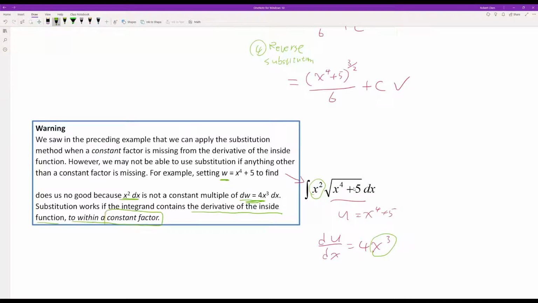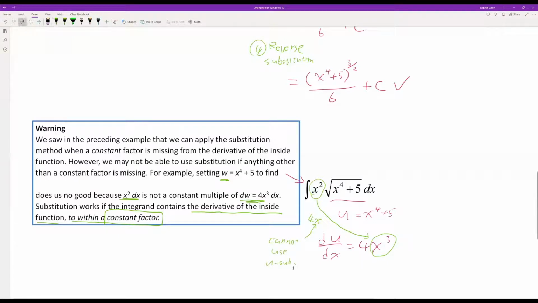Otherwise said, the derivative should only differ by their coefficients, right? If you can multiply or divide a number to get that exact du dx. So in this case, to get from x squared to 4x cubed, you need to multiply by 4x, which is not going to work for substitution because you have this extra x, right? So we cannot use u sub.